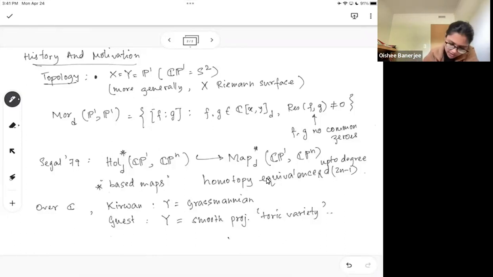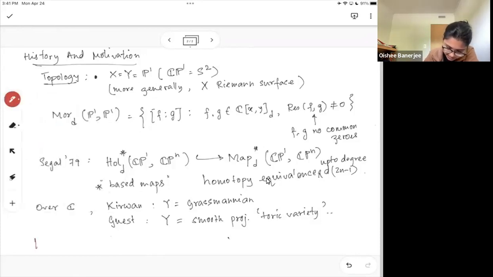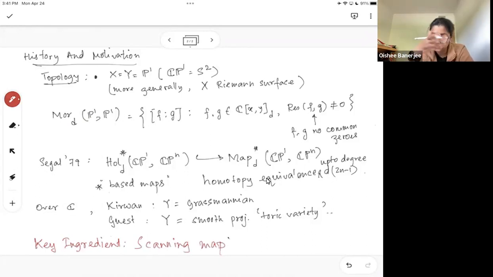So I want to highlight what goes behind proving something like this. All of them had one key ingredient, which is called the scanning map. So Siegel used scanning maps for his results, which was generalized by Kirwan and Guest later on.